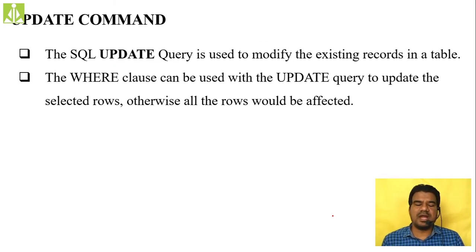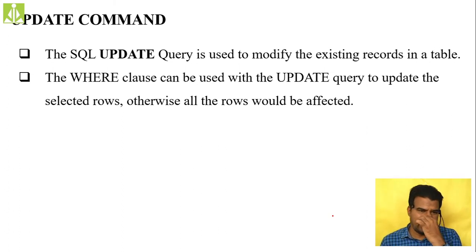Okay, the next command which we have inside SQL is the update command. It is one of the important commands. The SQL update query or update command is used to modify the existing record. Suppose when you have done the entry of some record into the table, at some point you find that so and so salary details are not correct, or so and so employee name is not correct, so and so age is not correct, likewise.